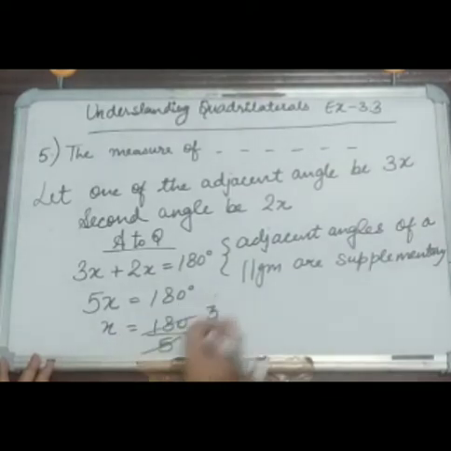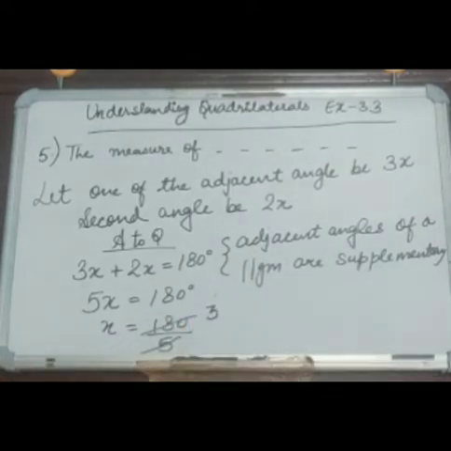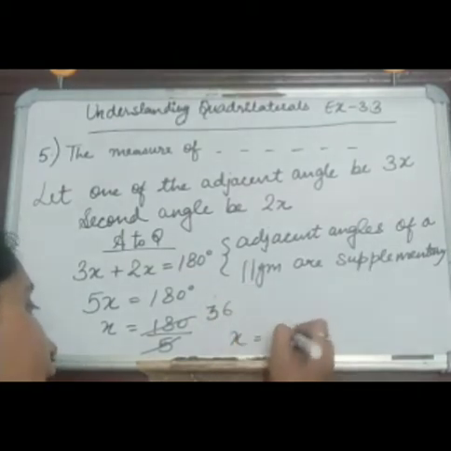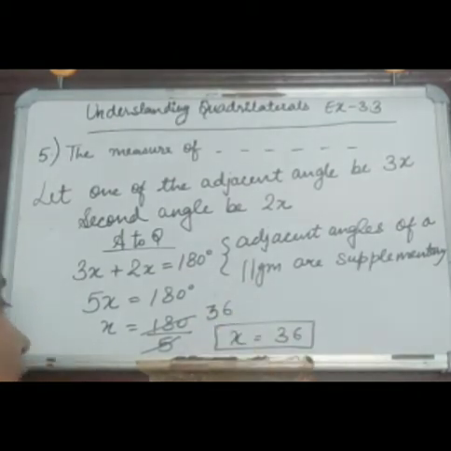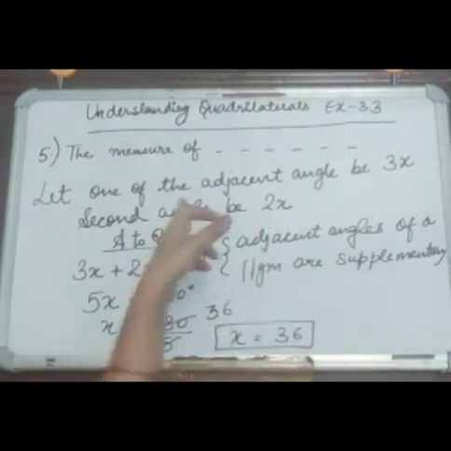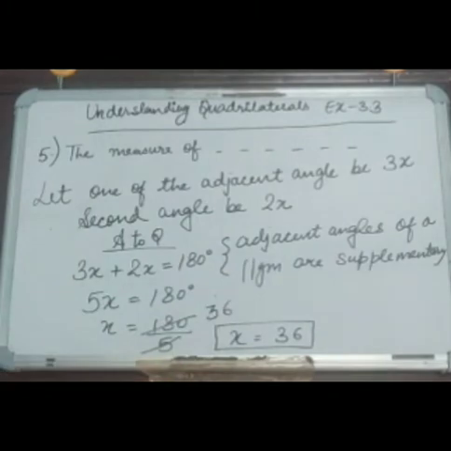Now x is equal to 180 by 5. So 5 3s are 15 and 5 6s are 30. So this is the value of x, that is 36. Now we have to find out the angles. First angle will be 3 into 36, second angle will be 2 into 36.